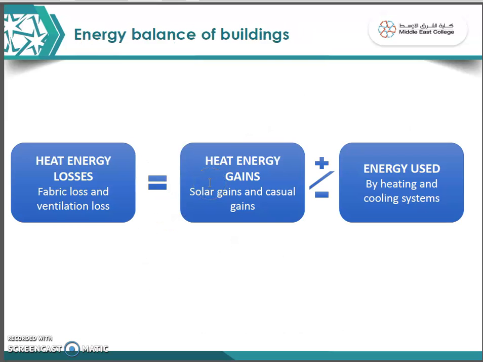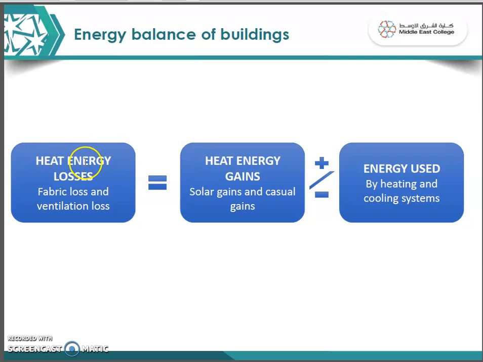You can see the energy balance of a building. The energy balance of buildings is given as heat energy losses, which are fabric loss and ventilation loss, and heat energy gains, like solar gains and casual gains, plus or minus energy used by heating and cooling systems. So this is generally the energy balance of buildings.